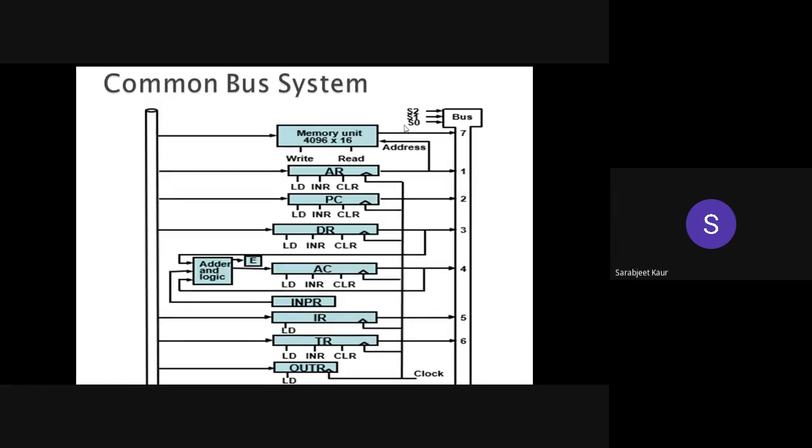So I'll put S0 equal to 0, S1 equal to 0, and S2 equal to 1. When I put this here, which register is selected? AR is selected, for output. Because if I wanted to select AR for its input, I would have simply enabled its load here.